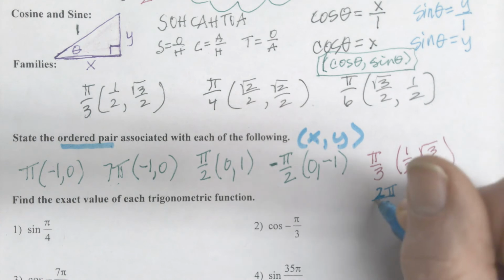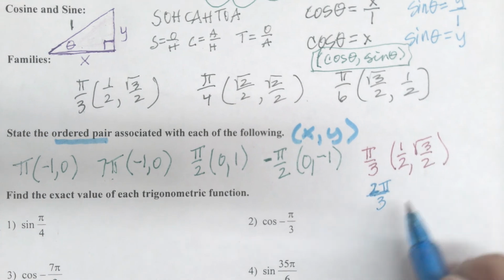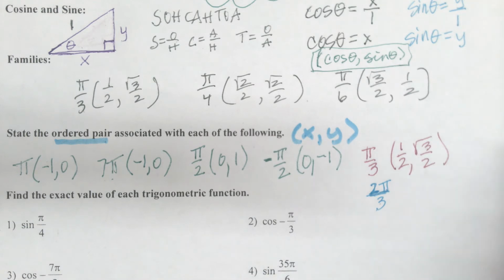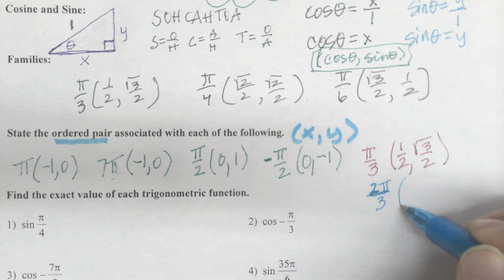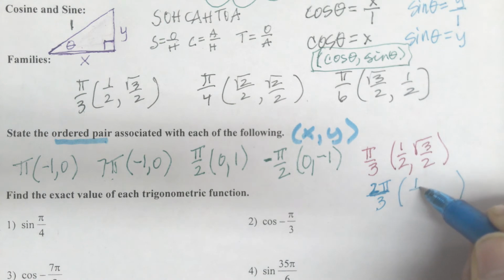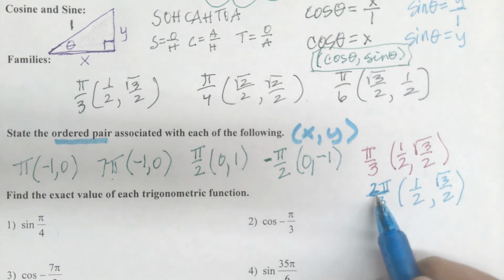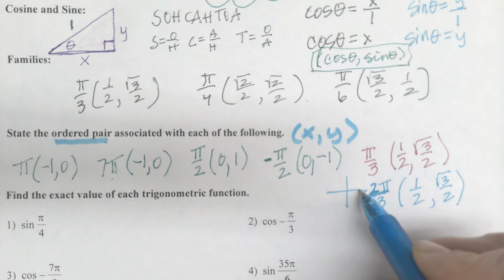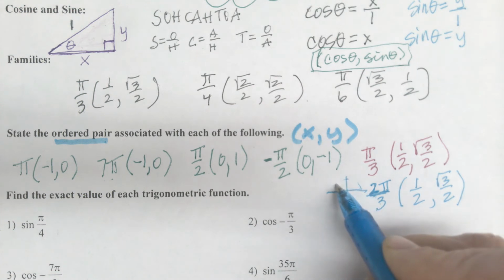Well, now let's just move around the unit circle like we did yesterday. This is the pi over 3 family, because the denominator is 3, and as long as this is reduced, it's the pi over 3 family. So the pi over 3 family is associated with this point 1/2, square root of 3 over 2, but 2 pi over 3, if I draw that, is more than half pi, not quite a whole pi.